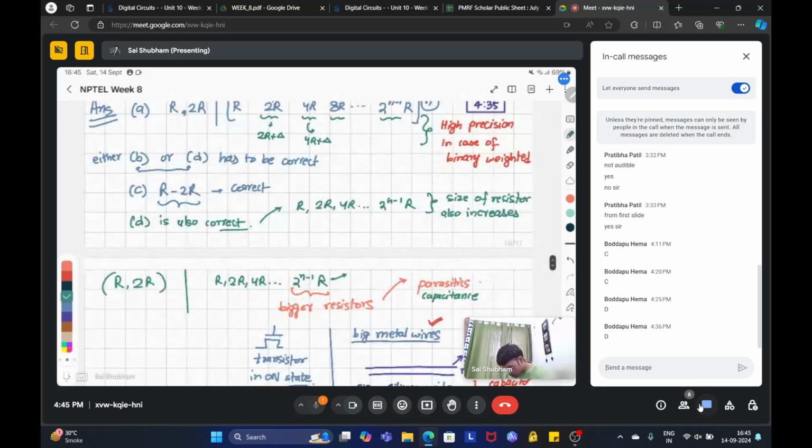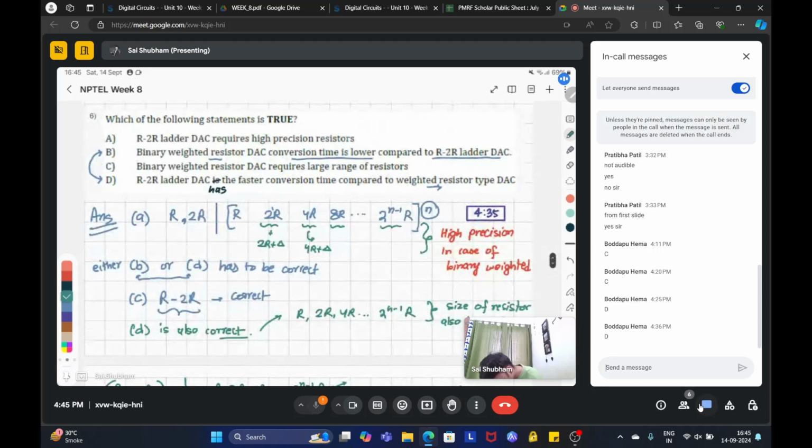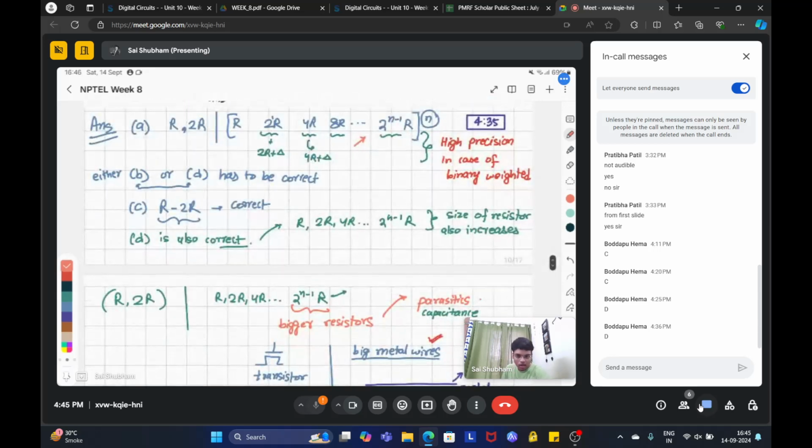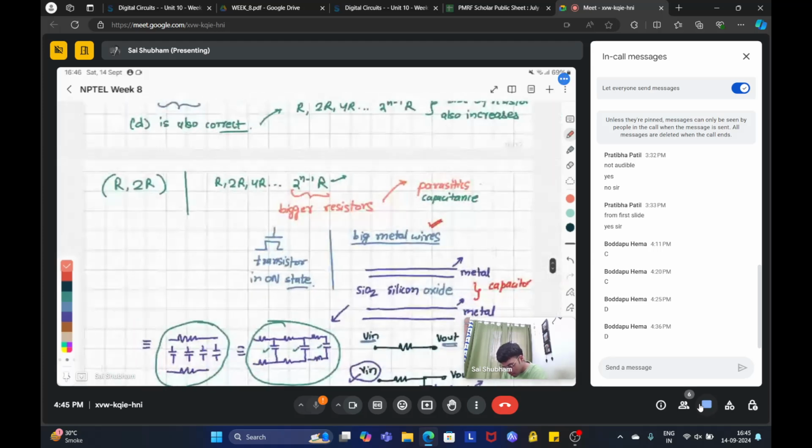Fine. So in this case, we have two correct answers. First is that binary weighted resistor DAC requires a large range of resistors. Okay, this one, and also R2R must be faster as compared to binary weighted. So is this clear to everyone? I think there are a couple of new concepts over here, like parasitic capacitance.